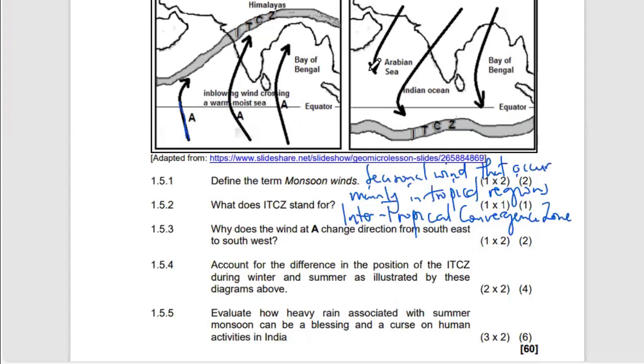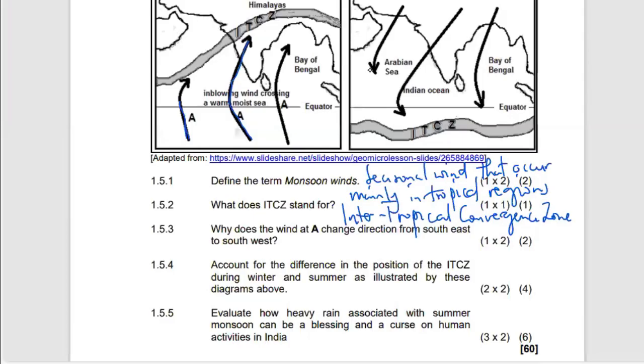Right, why does the wind change direction in that given way? Like we are seeing here, it's changing direction. Why is that happening? That's the question. We need to account for the change in direction for that particular wind.